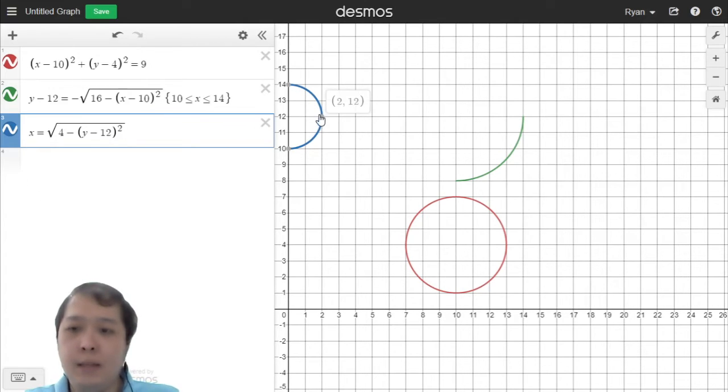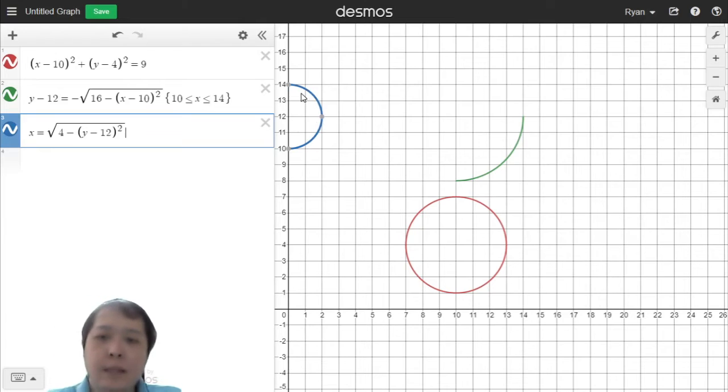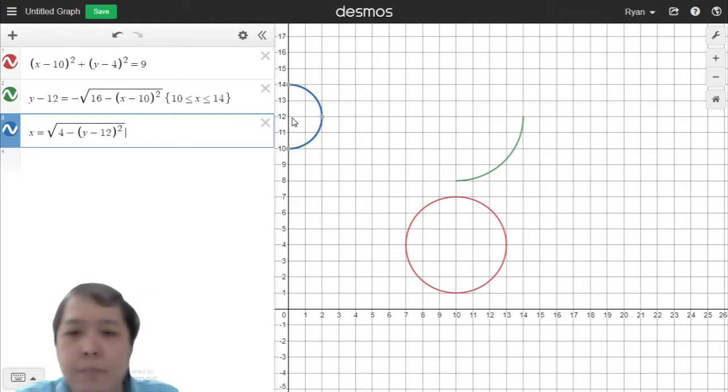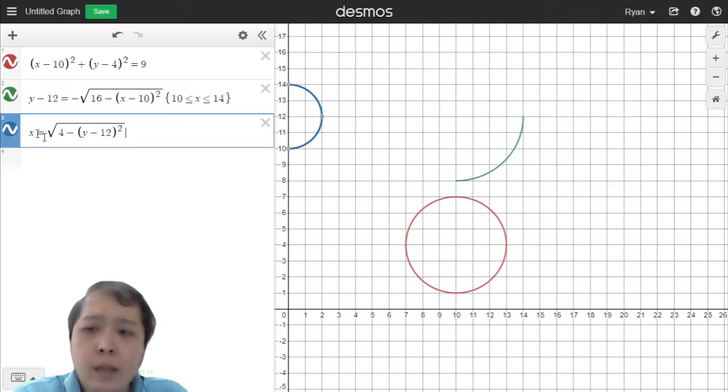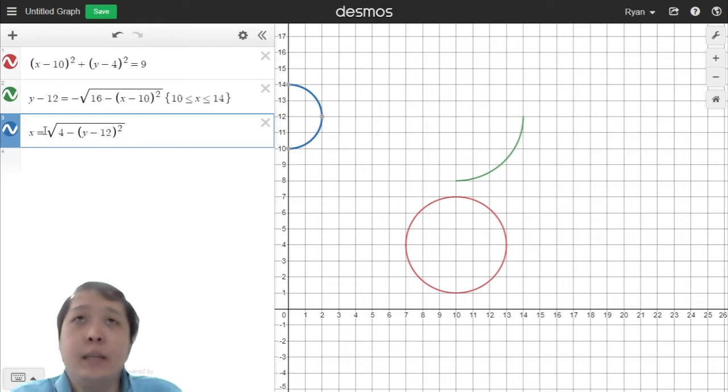We can look here, the blue semicircle, it's only the right part. Why is it only the right part? The logic is like this. I'll try to make it simple. Here we see in this blue equation, x is actually a function of y.